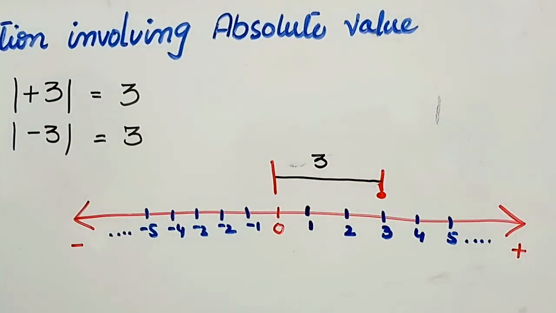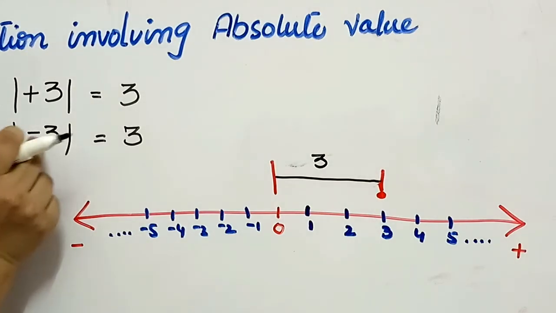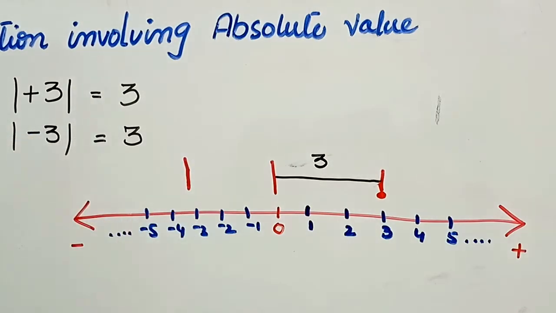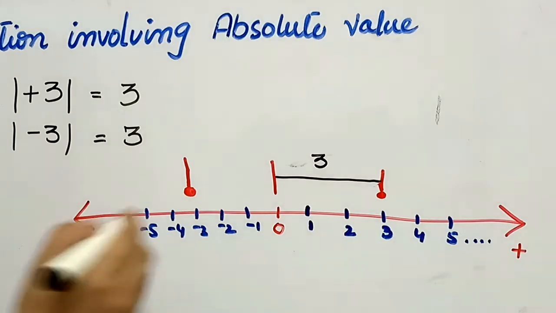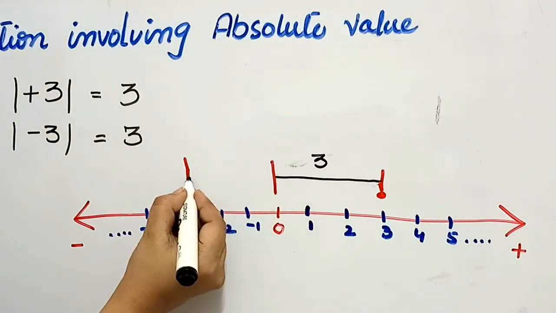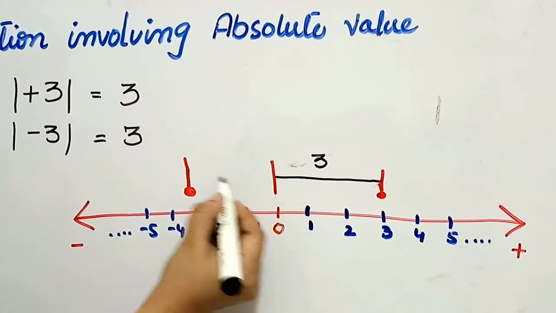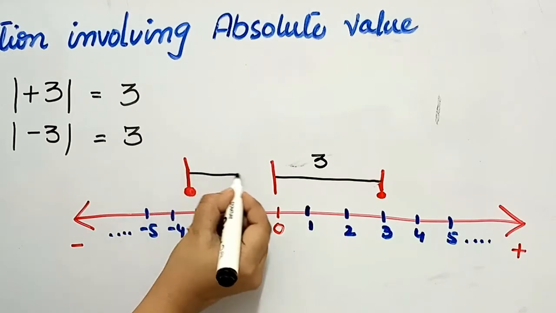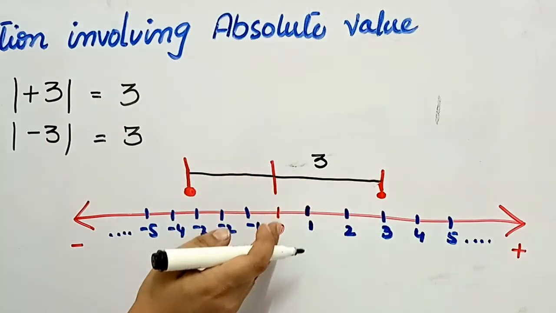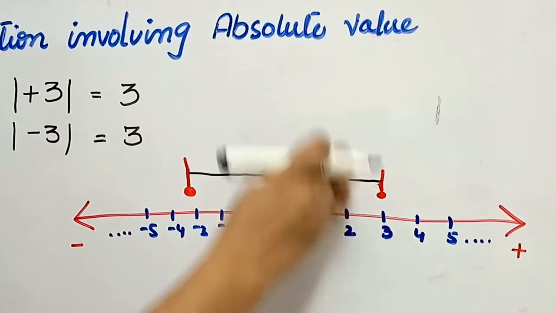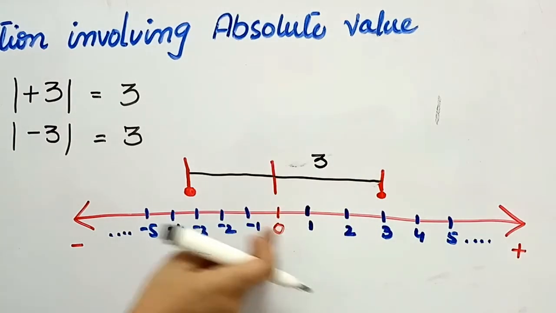Now if I am talking about this negative 3, here minus 3 is there. If we want to find the distance from 0 to this minus 3, it will be 1, 2 and 3. So the distance from 0 to positive 3 is 3 and the distance from 0 to negative 3 is also 3.